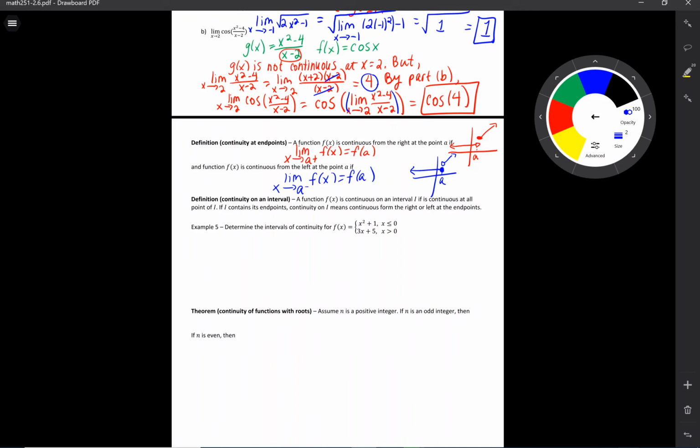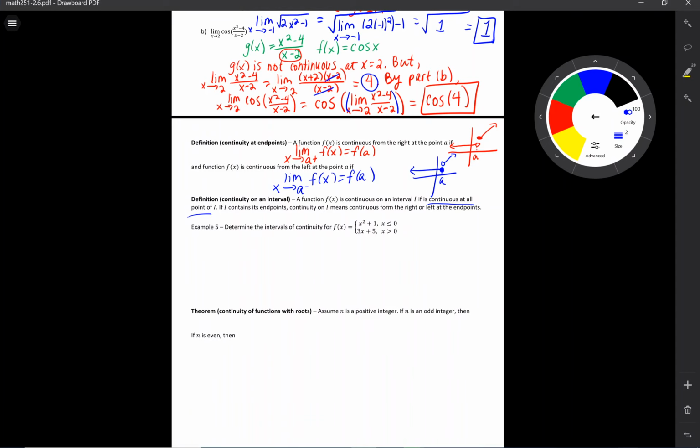If I am continuous at all points in an interval, then I am continuous on this interval if I am continuous from the left and the right at the endpoints. So as long as I am continuous at all points inside an interval I, if I have endpoints, then I have to be continuous from the left or from the right at the endpoints. I wouldn't worry so much about this definition, it's pretty obscure, but we do have to check endpoints. That is what this definition is reminding us.